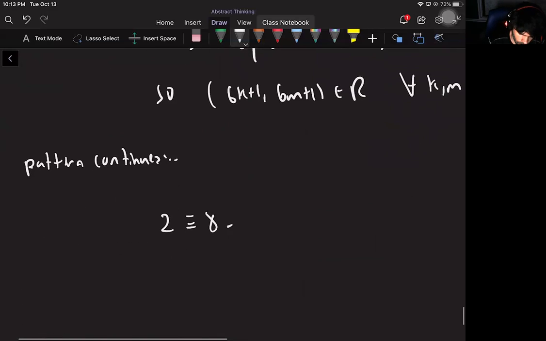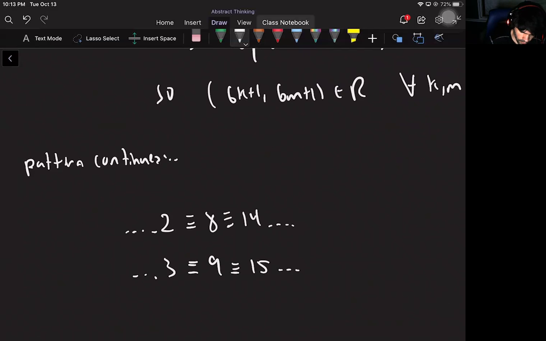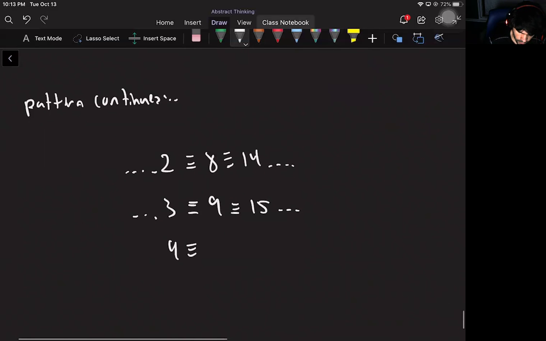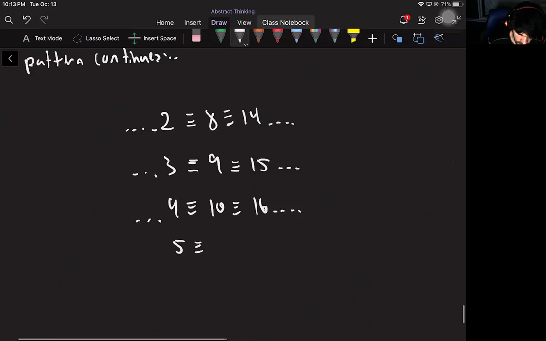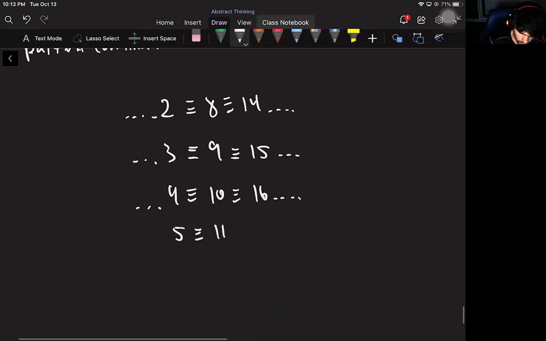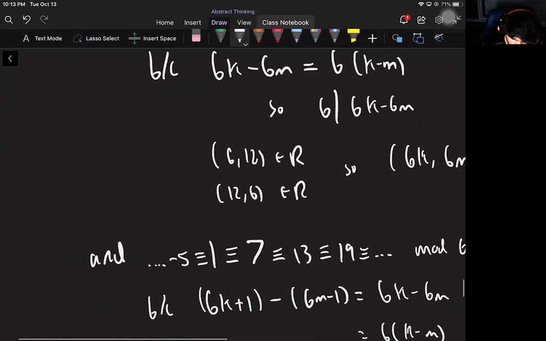So 8 and 14, and so on. 3 will be related to 9 and 15, and so on, both directions. 4 will be related to 10, 16, and so on. And then luckily I'm not going to go forever. I'll just do this last one because it is the last one. Because what happens when I get to 6? Well, I already did that actually, because that's included already in this list.